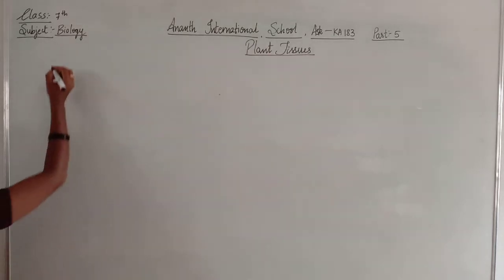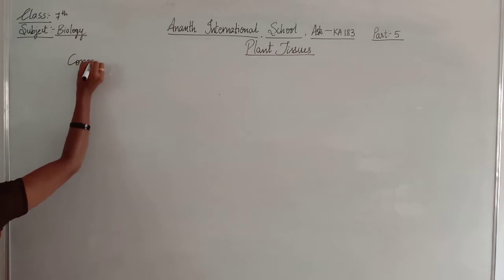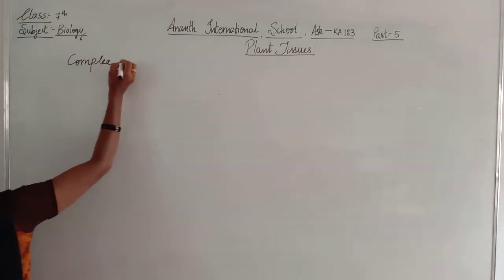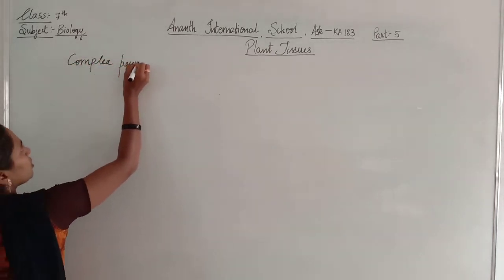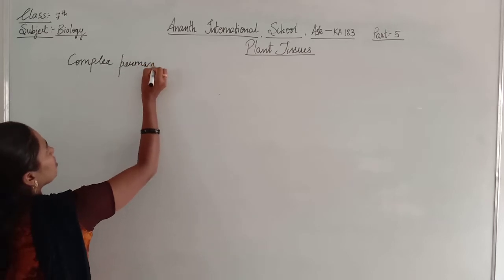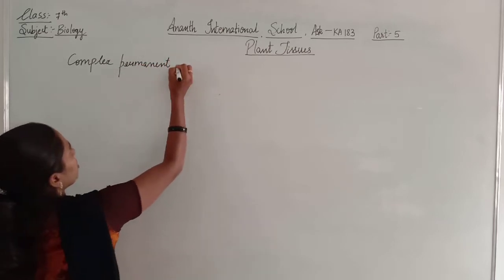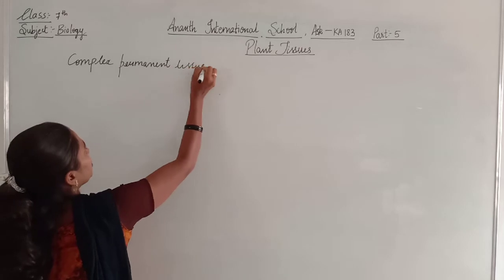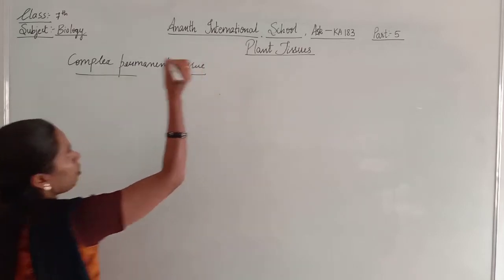What do you mean by complex permanent tissue? Complex permanent tissue means a group of different types of cells.